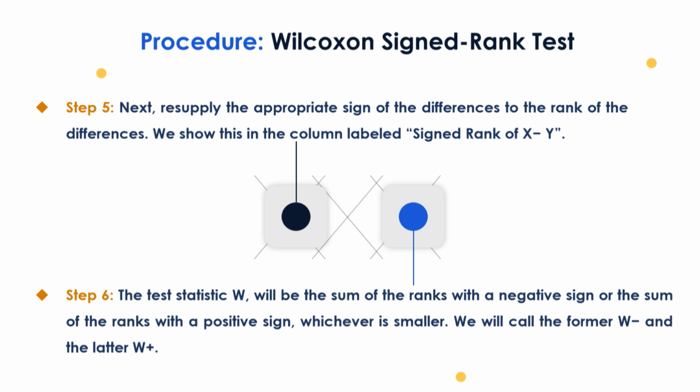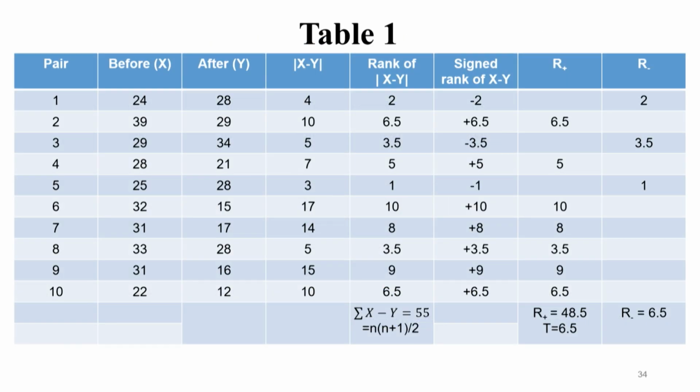We call the former W minus and the latter W plus. W minus is the sum of negative ranks, and W plus is the sum of positive ranks. We have calculated the ranks and given the signs up to step 5, and in step 6 we can see R plus and R minus.